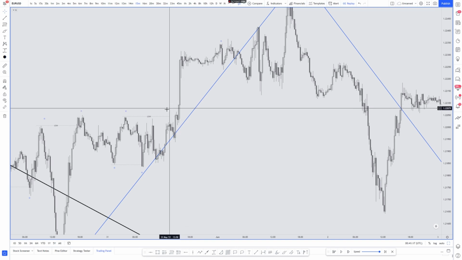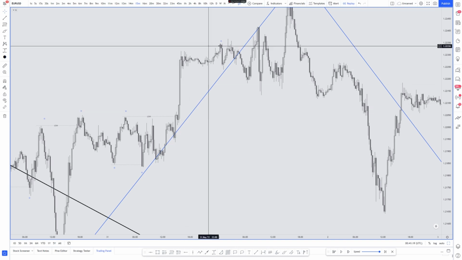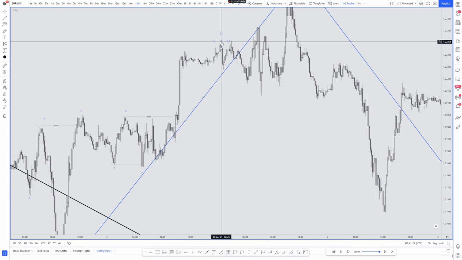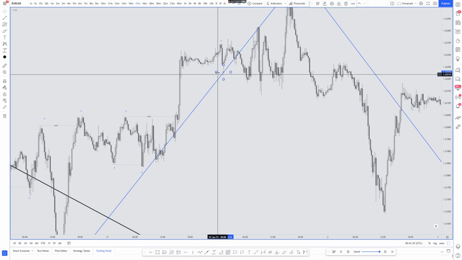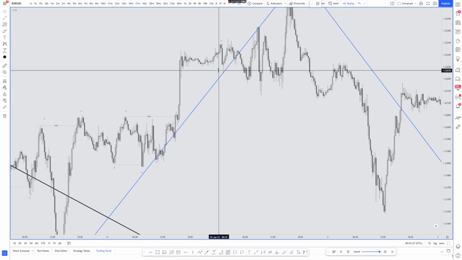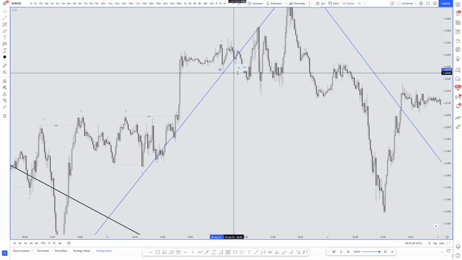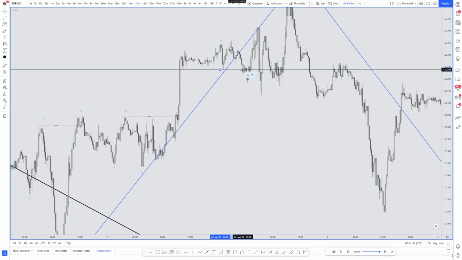This isn't enough to be classified as structure. This, I think, would be your first bit of pullback here. Now we do turn unconfirmed bearish here for a bit, and that's totally fine.